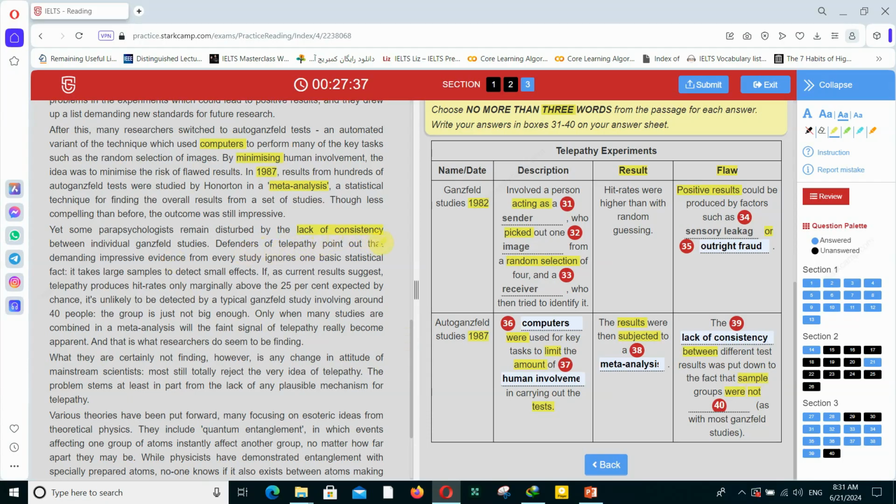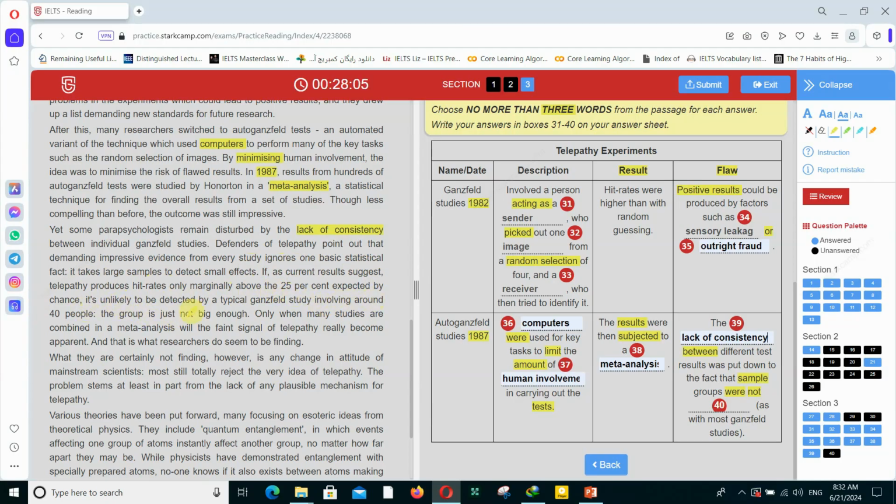Defenders of telepathy point out that demanding impressive evidence from every study ignores one basic statistical fact. It takes large samples to detect small effects. If, as current results suggest, telepathy produces hit rates only marginally above the 20% expected by chance, it's unlikely to be detected by a typical Ganzfeld study involving around 40 people.